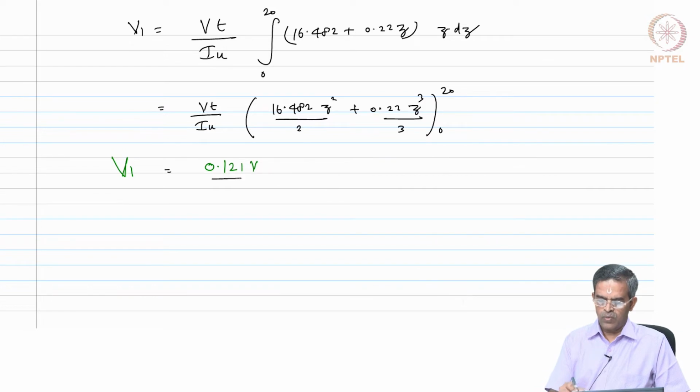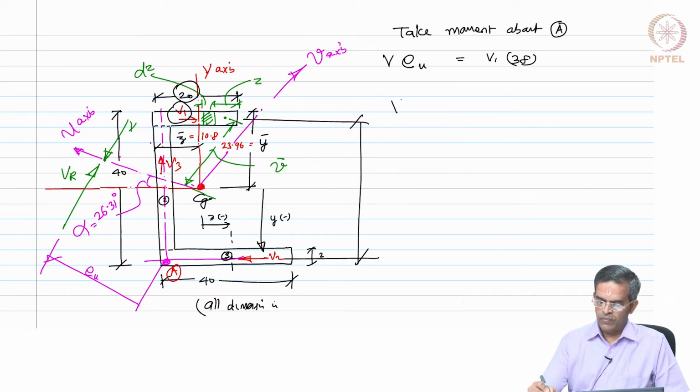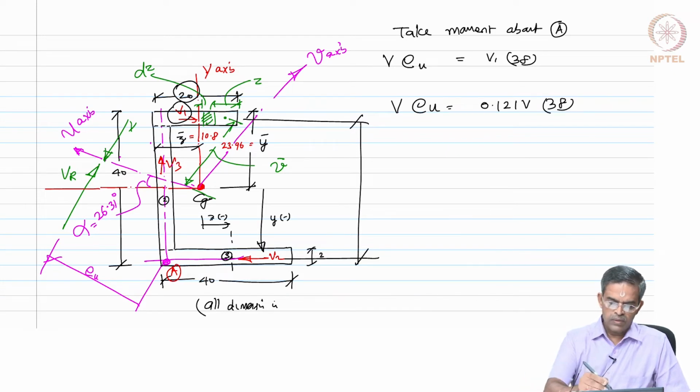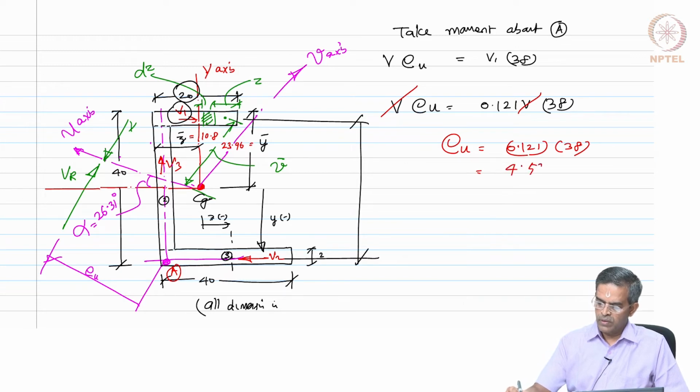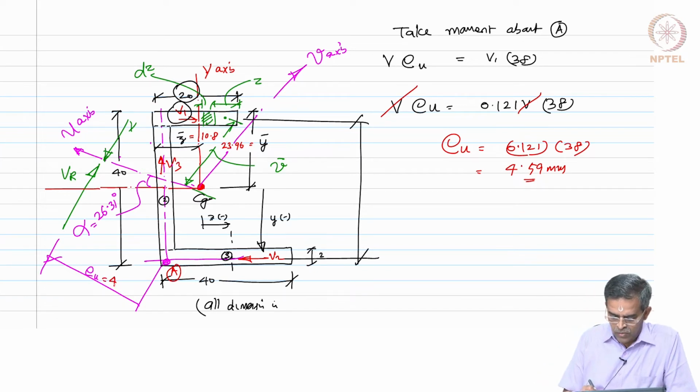So, V1 is 0.121 V. So, V into EU is 0.121 V of 38. So, V goes away. EU is 0.121 into 38, which is about 4.59 millimeters. So, this is about 4.6 millimeters.